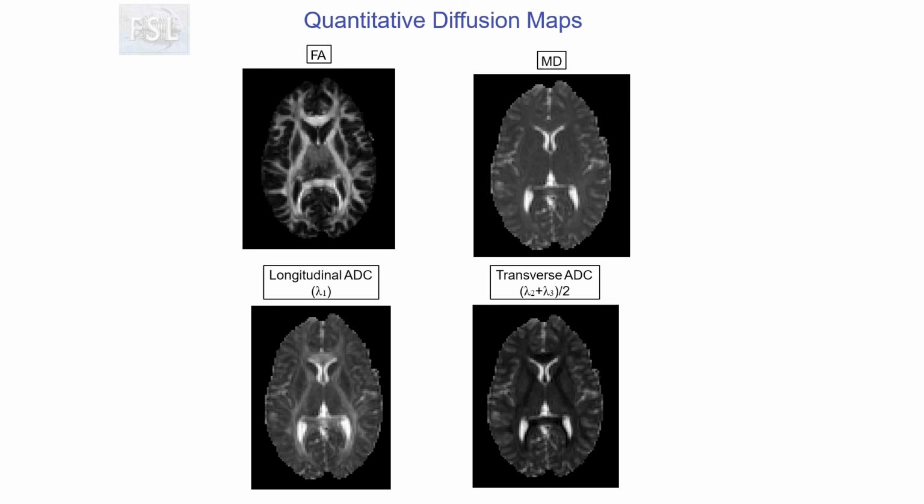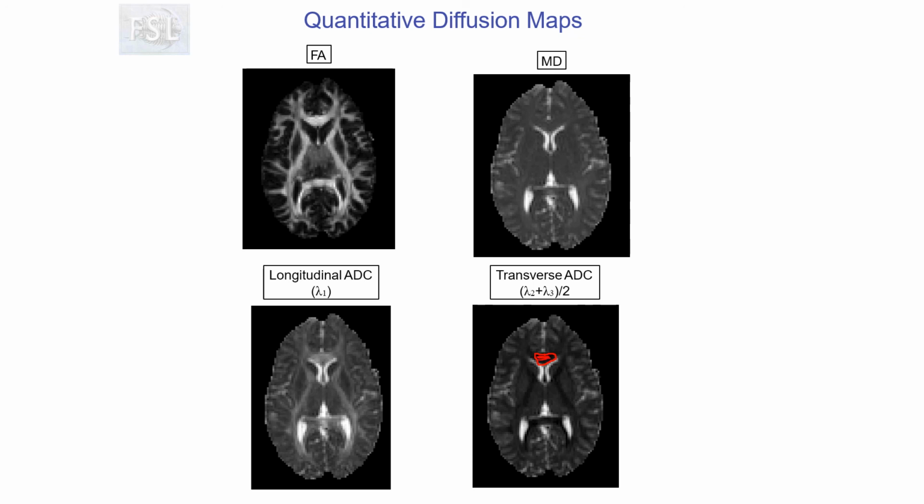We can see areas here that are dark. If they're dark, what does that mean? That means there is lower transverse ADC, the lower radial diffusivity. So these areas of the corpus callosum, very tightly packed white matter, myelinated, going left and right here in the middle of the corpus callosum.